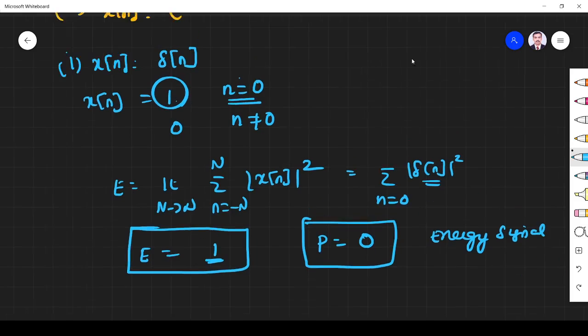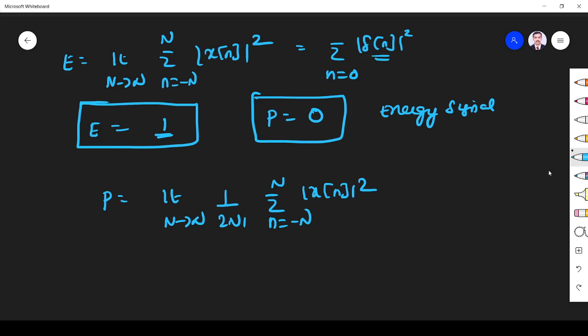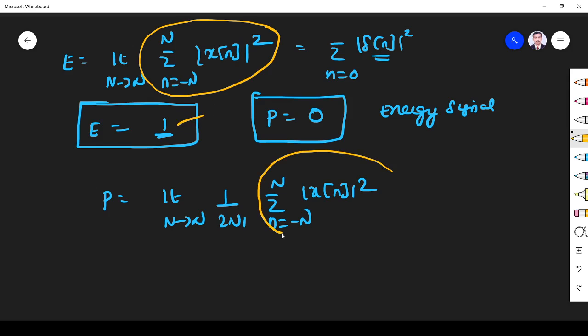If you have any doubt how power is 0, simply see the limit for P: limit n tends to infinity, 1 by 2n plus 1, summation n goes from minus n to plus n, mod x of n square. This value is 1. So instead of this we substitute 1.